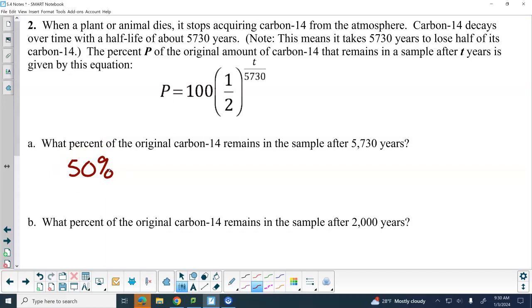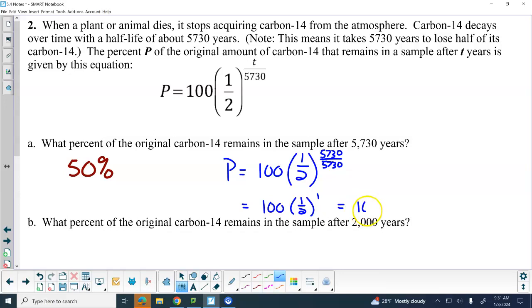If you didn't read the problem and you plugged 5,730 years into the percentage equation, 5,730 divided by 5,730 is 1. So then this becomes 100 times 1/2 to the first power, which is 100 times 1/2, which is 50.